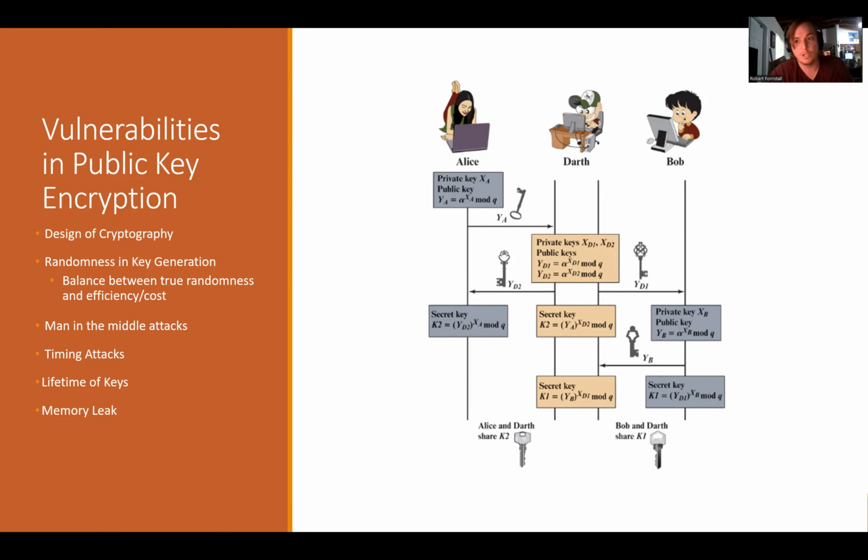And then timing attacks, which try to guess the key length based on the time it takes to encrypt and decrypt information. You have lifetime of keys. Many public keys don't include good lifetime cycles and may stick around for too long, making brute force implementations a possibility. And even something like a memory leak: keys are usually saved inside the RAM somewhere, and that could be accessible by a skilled attacker.